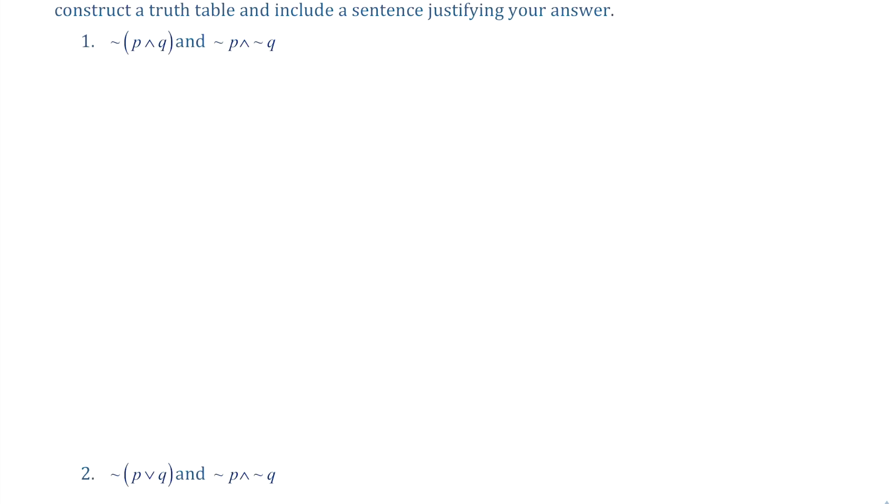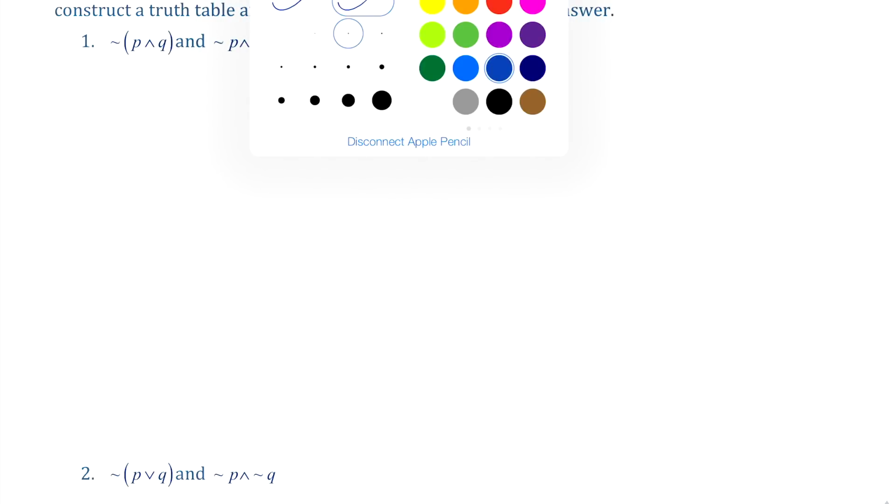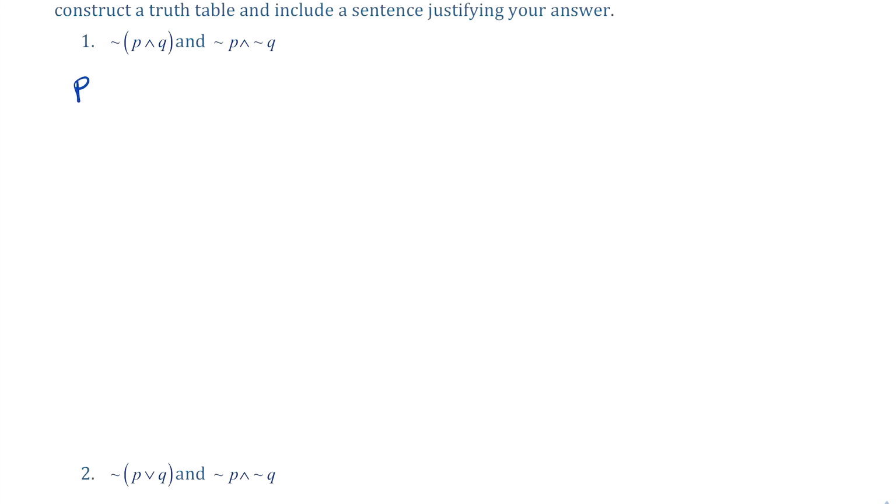So we just have P and Q as statement variables, and then we have a variety of stuff we need to find. But let's start out by having our P and our Q. We have 2 statement variables, so that's just 2 squared, so 4 possibilities, right?